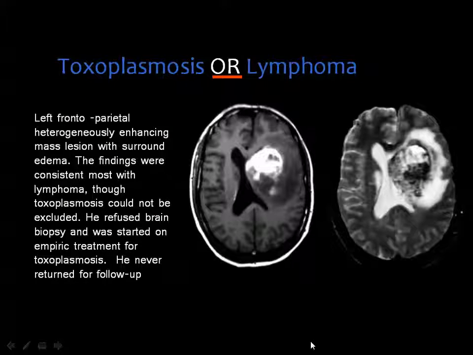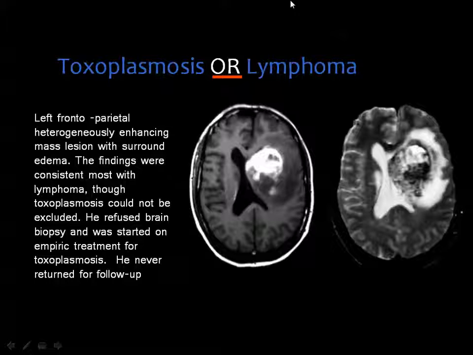Then in the countries where AIDS is a common disease, they usually say that whenever you are encountered with a lesion in the brain parenchyma, you are in the differential diagnosis between only two conditions, the toxoplasma and the lymphoma. Then the differential diagnosis is not that easy on imaging.